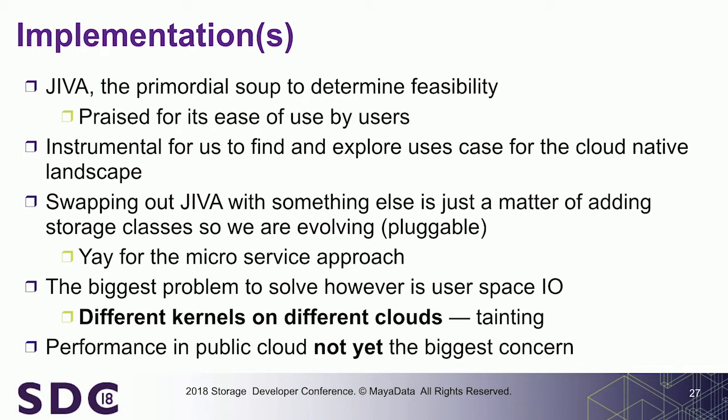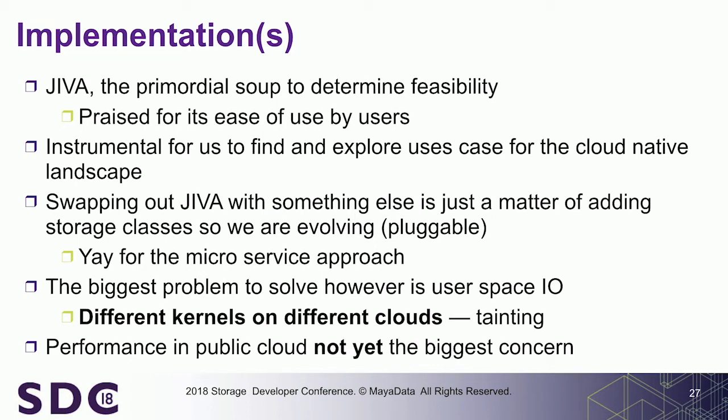There is no iSCSI initiator, for example, so that's a big problem, right? So we basically said, okay, it's a lot of work, but we'll just do it in user space. And obviously, the tainting is something that you also don't want to get into, because will Red Hat actually help you if you have a kernel panic and they see that you tainted the kernel with your own kernel module? So that was another reason to do that.